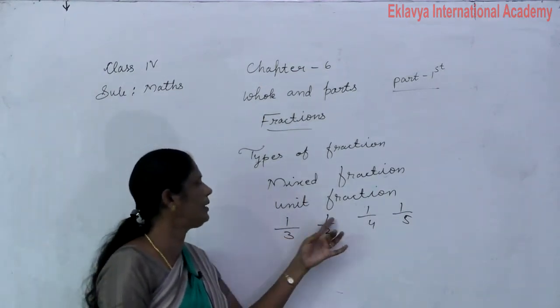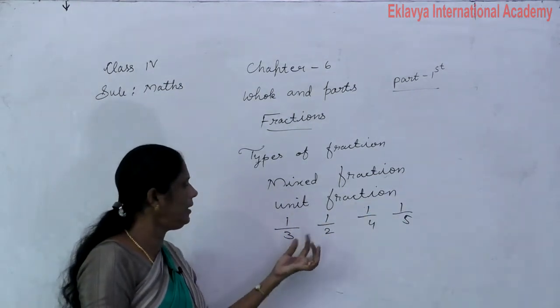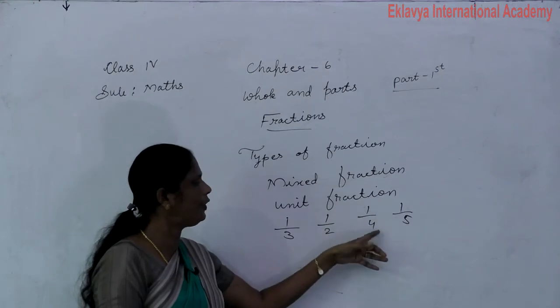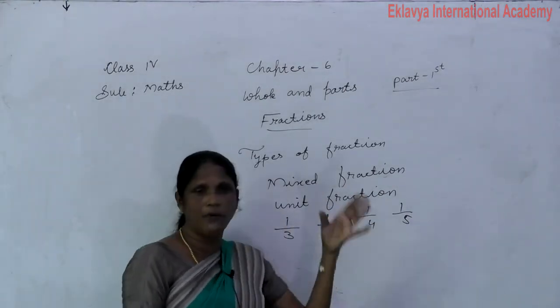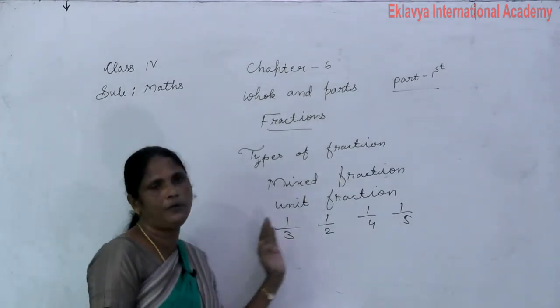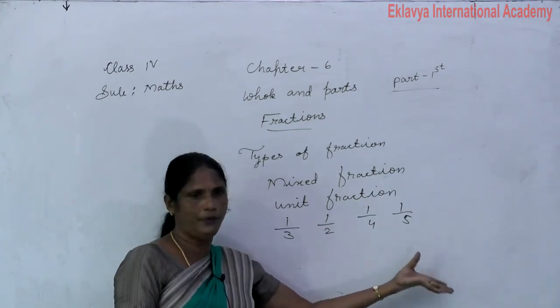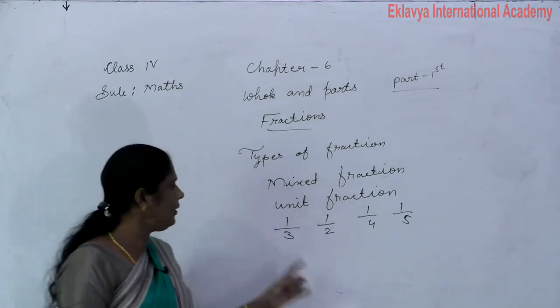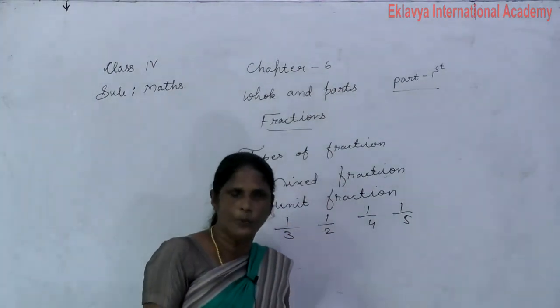Here the numerators are 1. 1 by 3, 1 by 2, 1 by 4, 1 by 5. Here the numerators are 1. That fraction is called unit fraction. Now, a unit fraction is also a proper fraction.